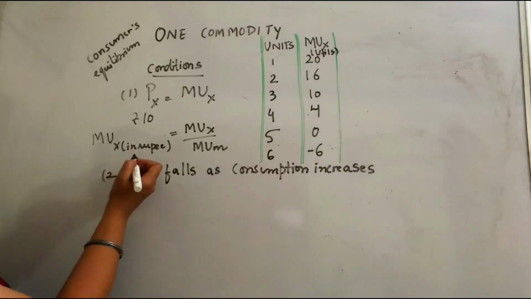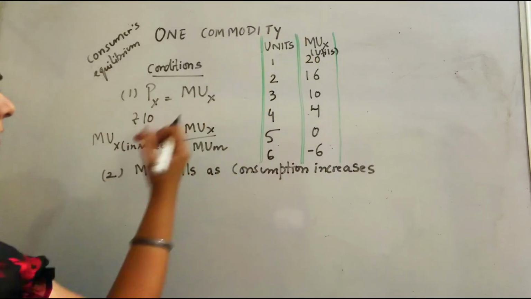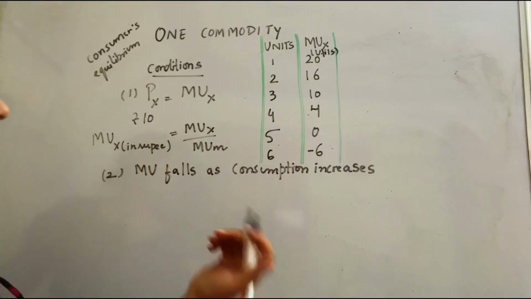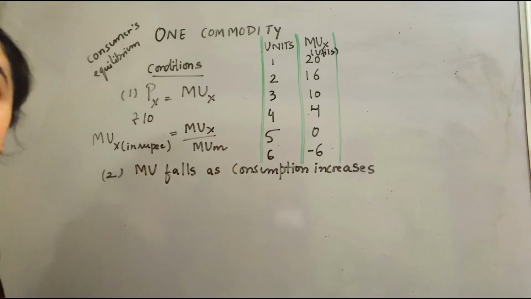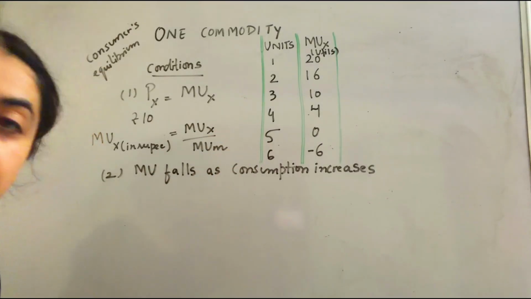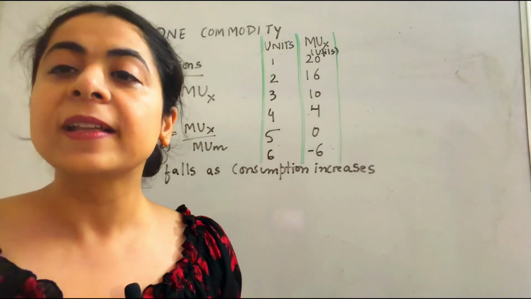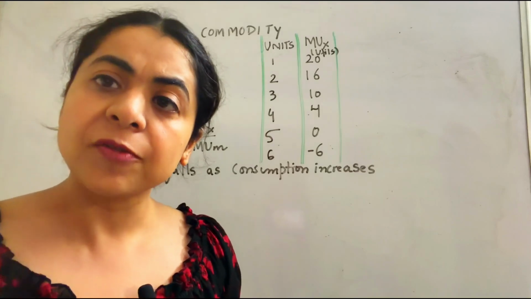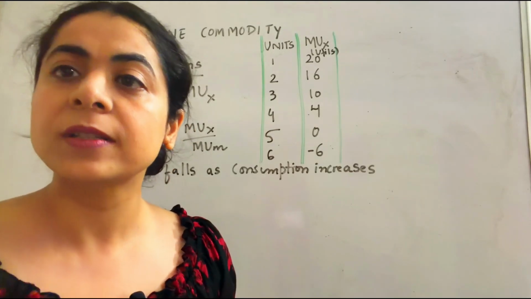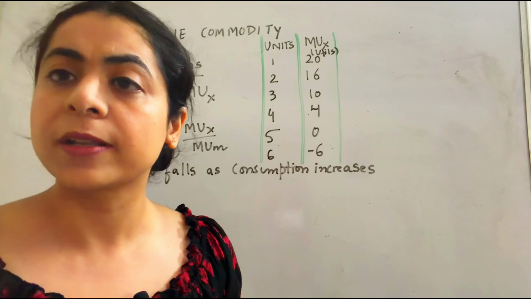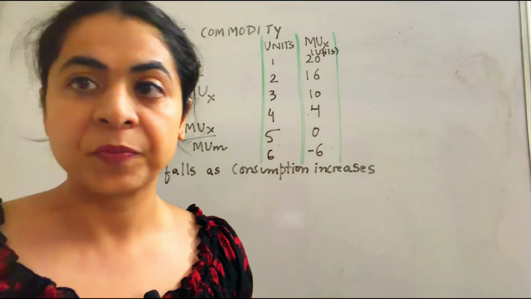Basically, marginal utility of X in terms of rupee or monetary terms is marginal utility of X divided by marginal utility of money. Now, what is marginal utility of money? The utility that we derive from money is in terms of the goods and services a standard unit of currency helps us to buy.